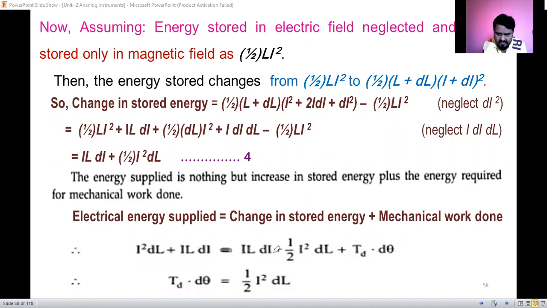When I send it to the LHS side, again this plus will become minus. Equal to RHS, I will keep as it is. See here, plus IL dI is there, here minus IL dI is there. Both will get cancelled.